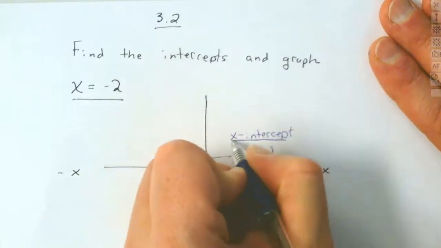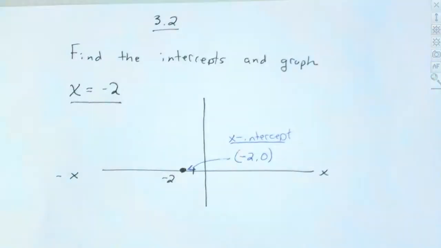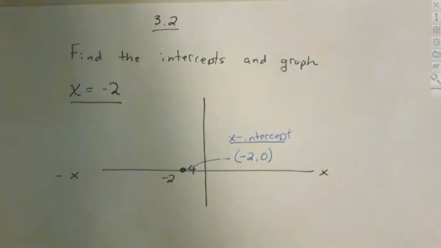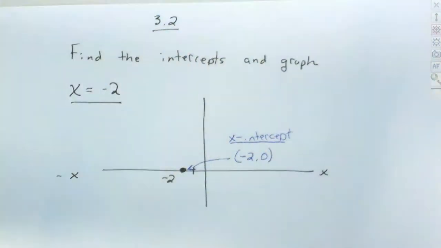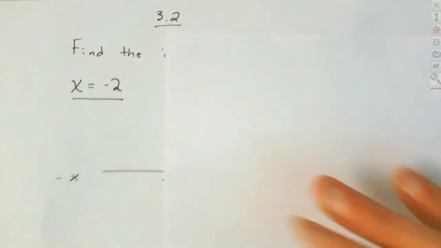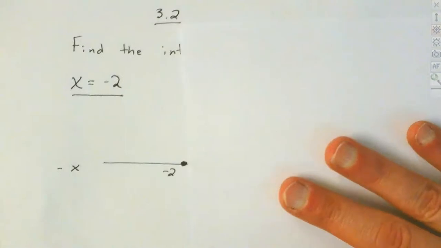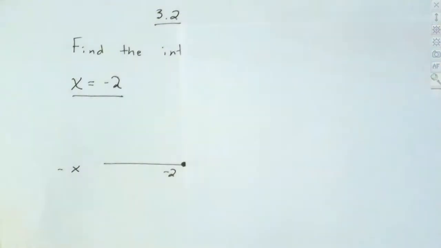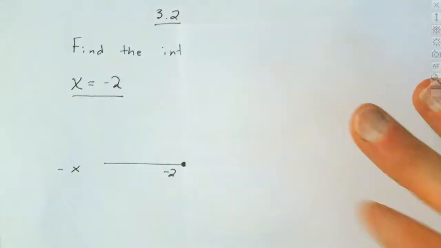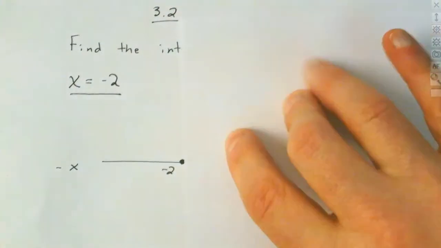Now, if we only have the x variable, what kind of line do you think this is going to be? X can't change. So we can't go left or right any. The only thing that we can do is we can go up or down. So when we have x equals -2, an x line is going to be a vertical line. So this would look like this as a vertical line.